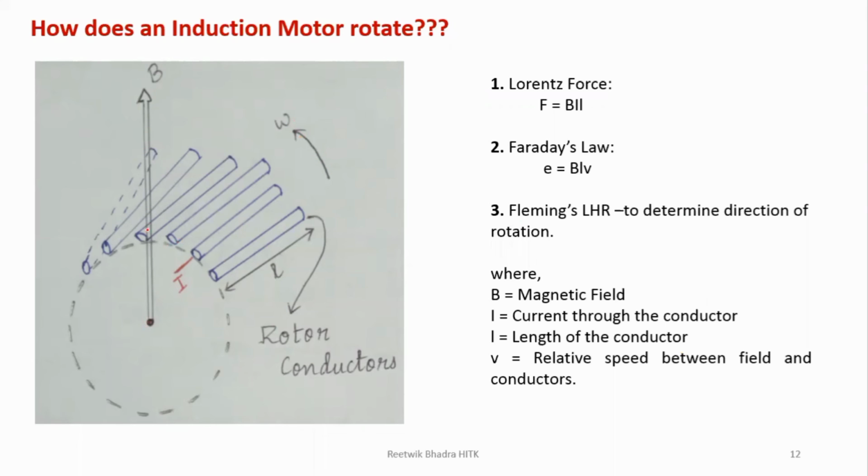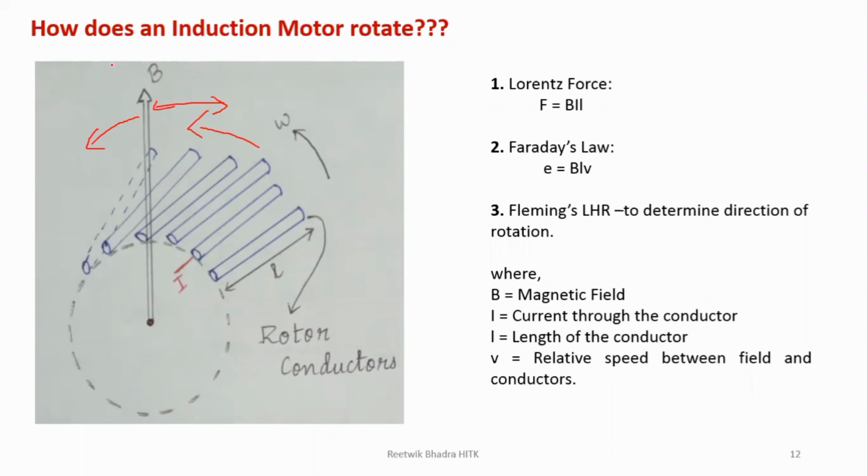And let this B indicate your flux density direction, or your field direction, whichever you want to say. Now, this field, which we had discussed in a small point, keep that in mind and say that this field is also rotating. So this field is rotating, and this conductor is also rotating. So there will always be a relative velocity between the two.